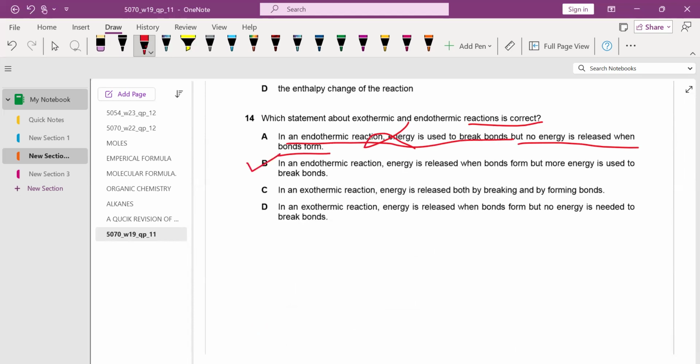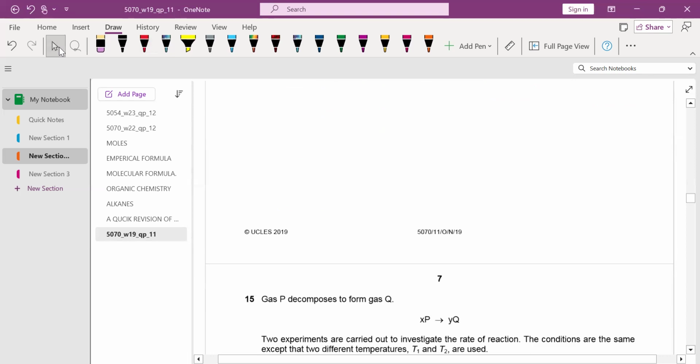Let's read out the two more given options. In an exothermic reaction, energy is released by both bond breaking and bond forming. No. In an exothermic reaction, energy is released when bonds form, but no energy is needed to break bonds. No. So statements A, C, and D are incorrect. However, B is correct for question number 14. Question number 15.